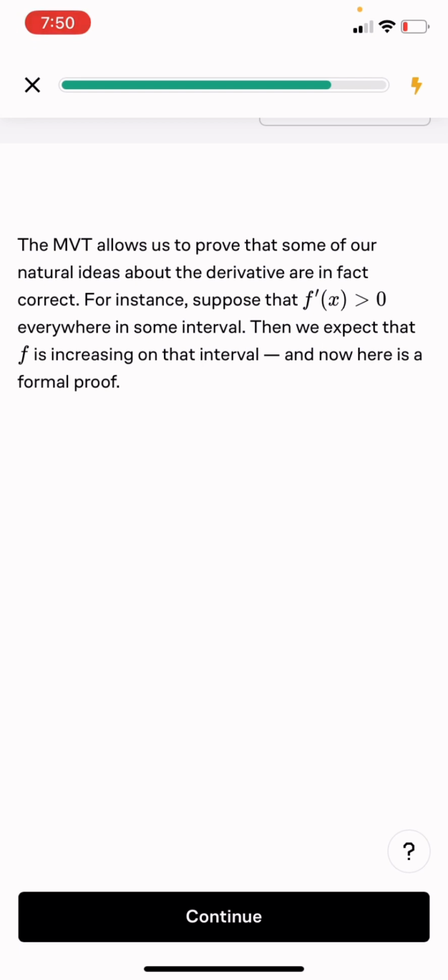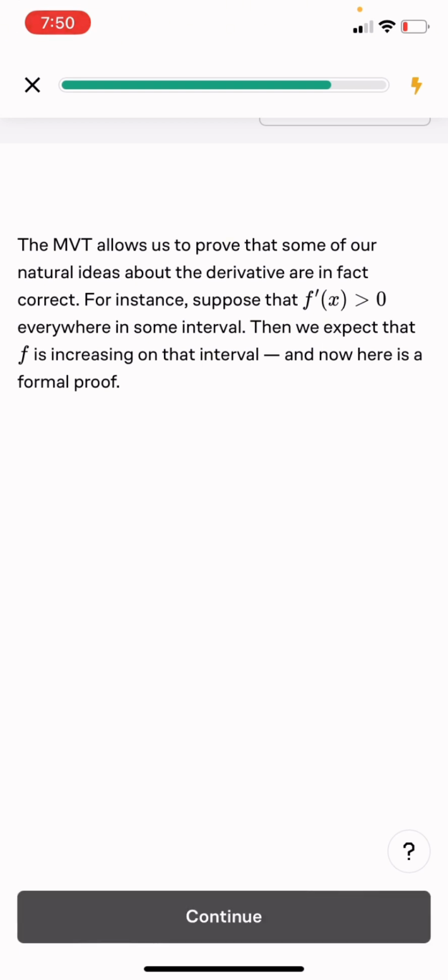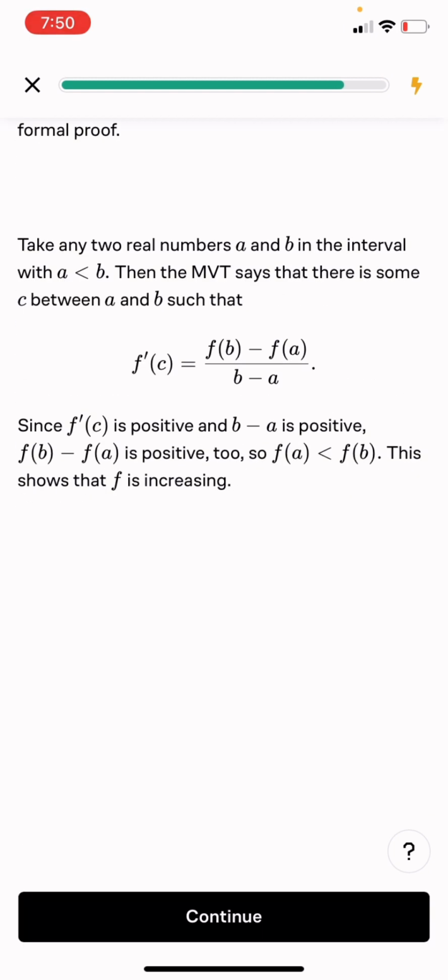Since f prime of c is positive and b minus a is positive, f(b) minus f(a) is positive too. So f(a) is less than f(b). This shows that f is increasing. Similarly, we can prove that if f prime of x is less than 0 on the interval, then f is decreasing. And if f prime of x is equal to 0 on the interval, then f is constant.